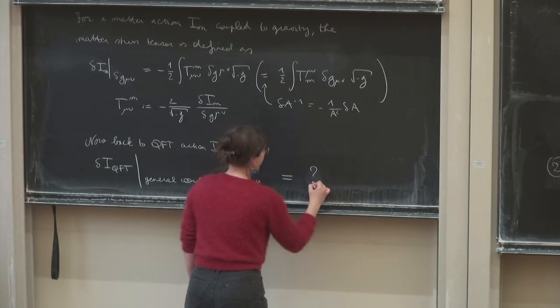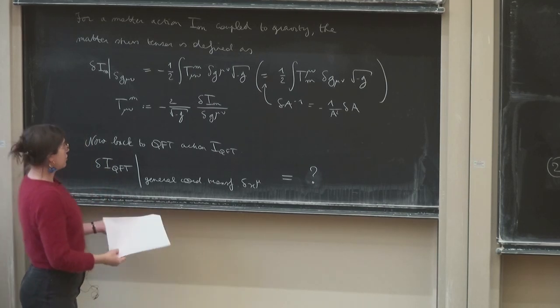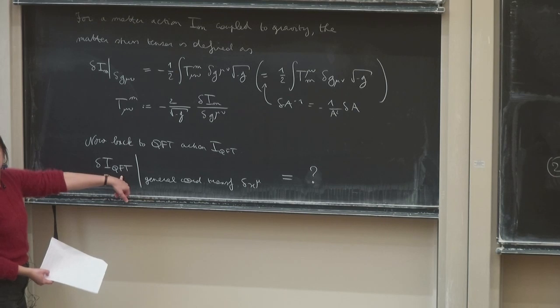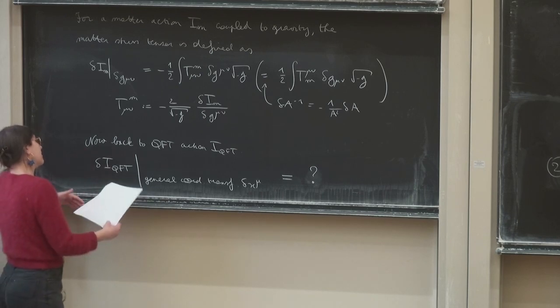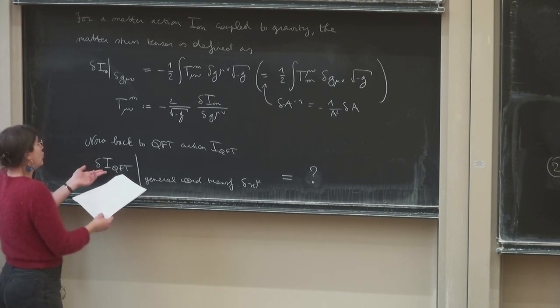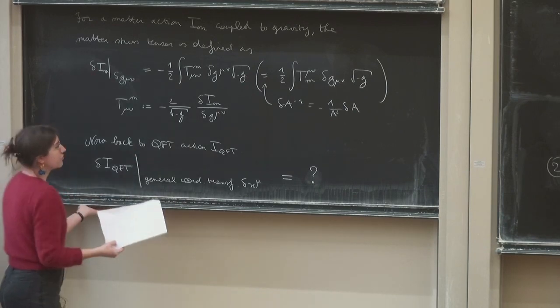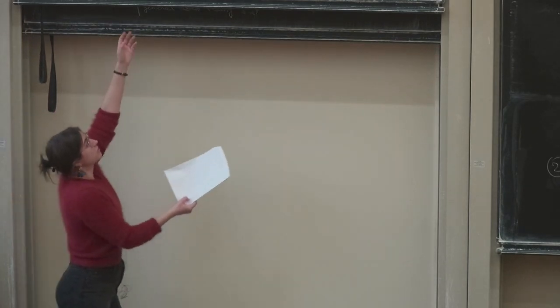Okay. So the trick you can use is that you know that if this QFT was coupled to gravity and its metric was actually dynamical, then that would be a matter action of a full gravity theory, which is invariant under general coordinate transformations.